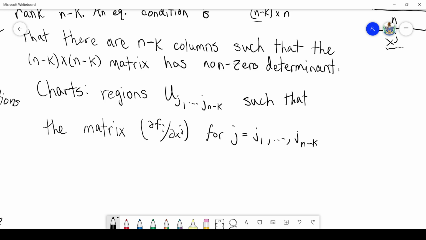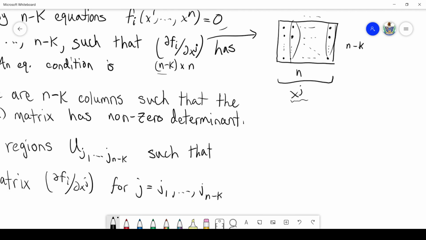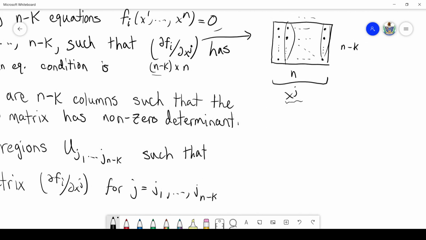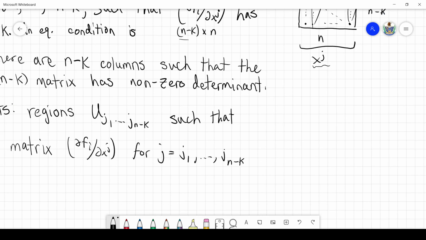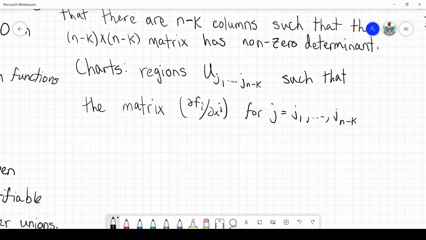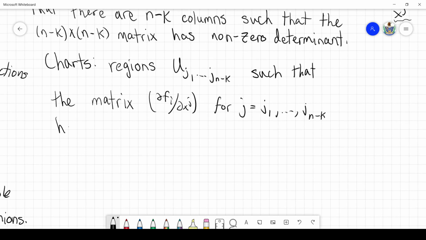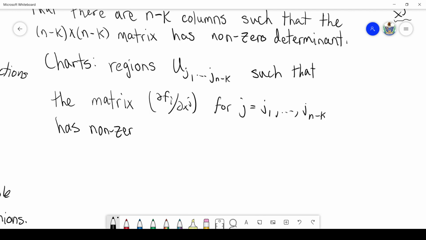So here we're picking, right, again, in correspondence with this equivalent condition for rank n minus k, n minus k of the coordinates such that this new square matrix has non-zero determinant.